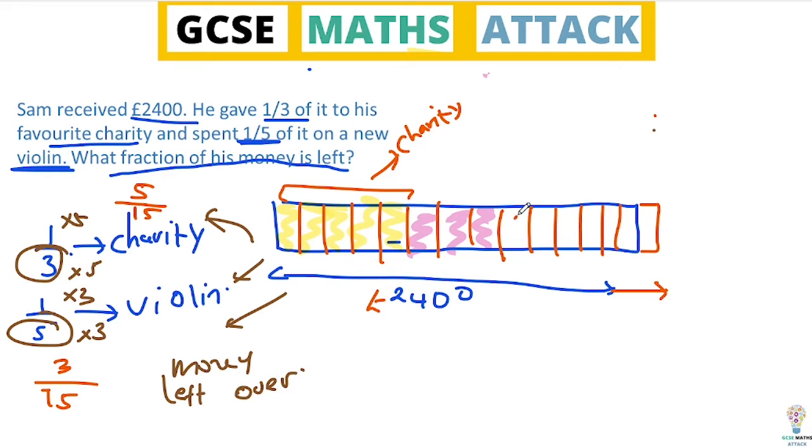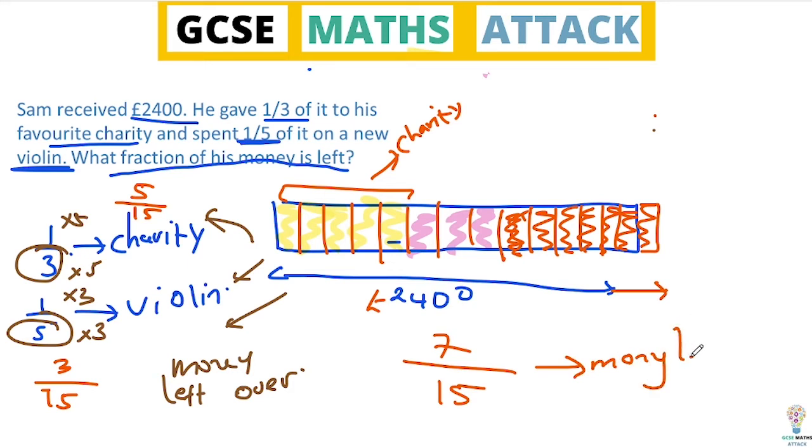So that's telling me that I'm going to be left over with 1, 2, 3, 4, 5, 6, 7. So I'm going to be left over with 7 out of 15. So that is the money left. So that's the fraction that's going to be left. And that is how you answer this question.